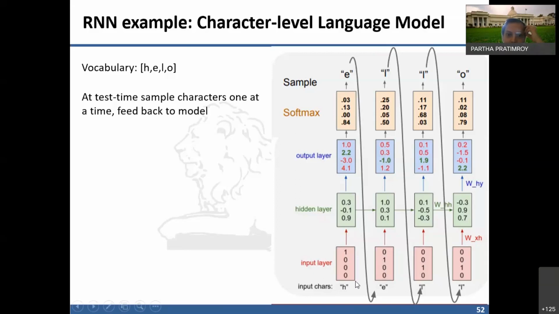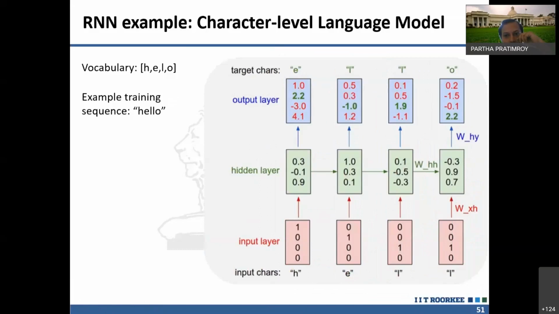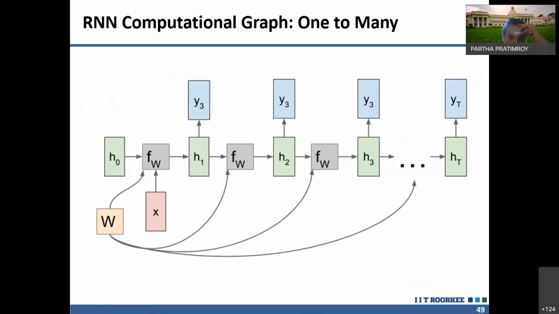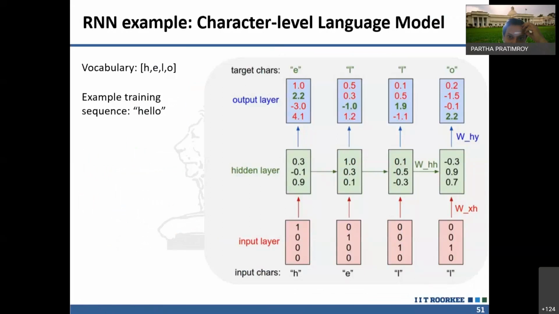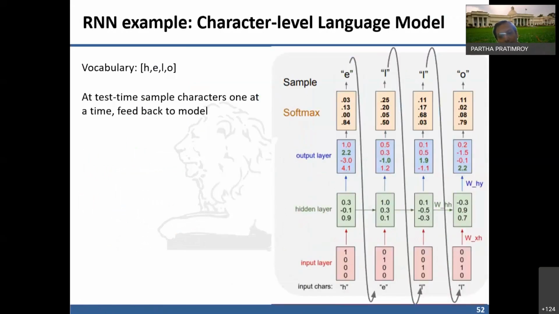So we are giving this H. We then got E. E is given as input, and then it generates L. L is given as input, it generates L, and then L is given as input, and it is finally receiving O. Did you follow?